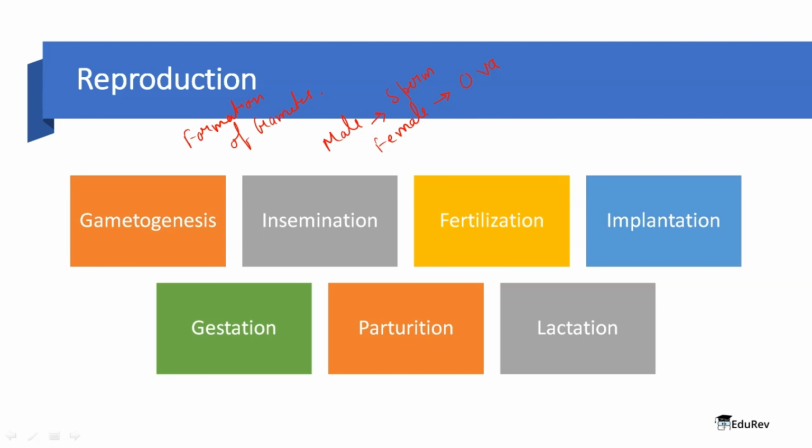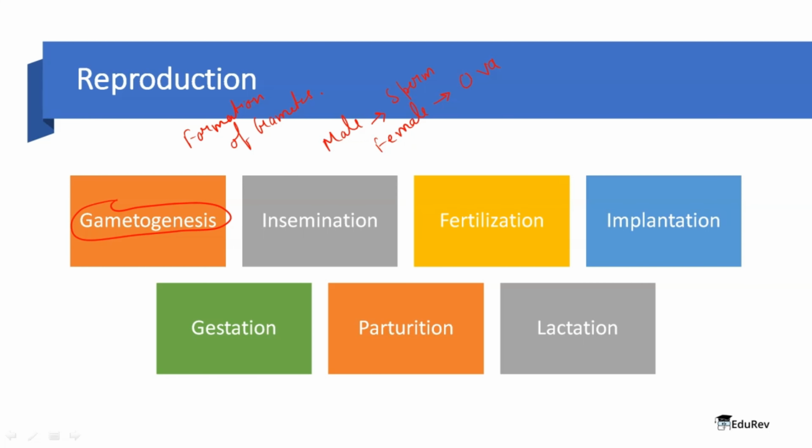So for male and female parents to procreate, they must first form gametes. The formation of gametes is known as gametogenesis.